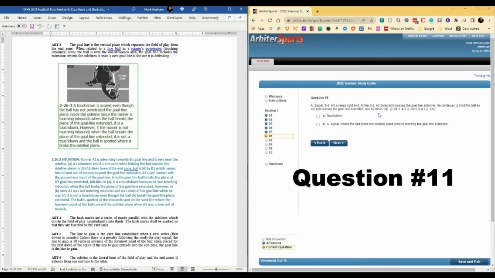So it refers to 2-26-3, which is the definition of the goal line. Goal line is a vertical plane which separates the field of play from the end zone when related to a live ball in a runner's possession, touching in bounds. That's important. While the ball is over the out-of-bounds area, the goal line includes the extension beyond the sidelines.